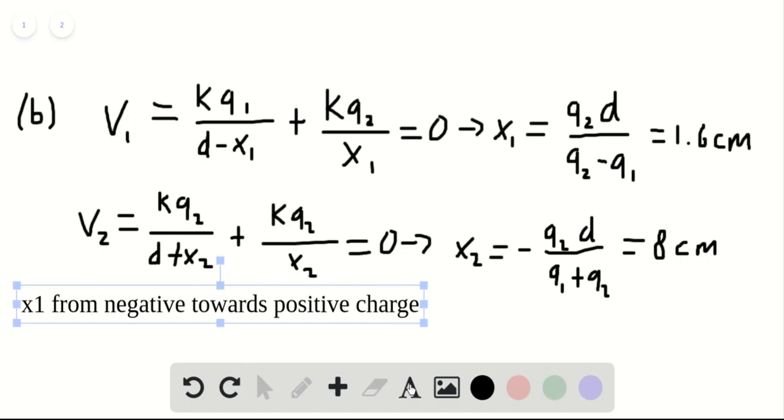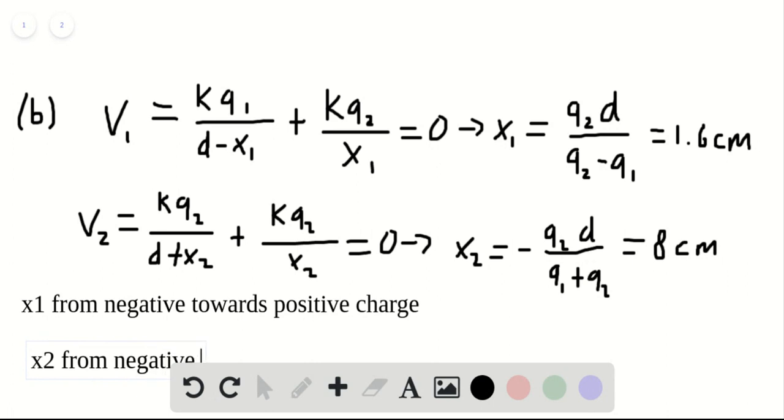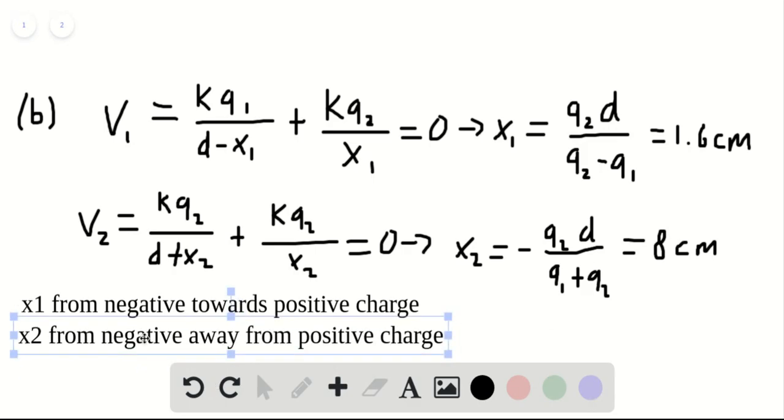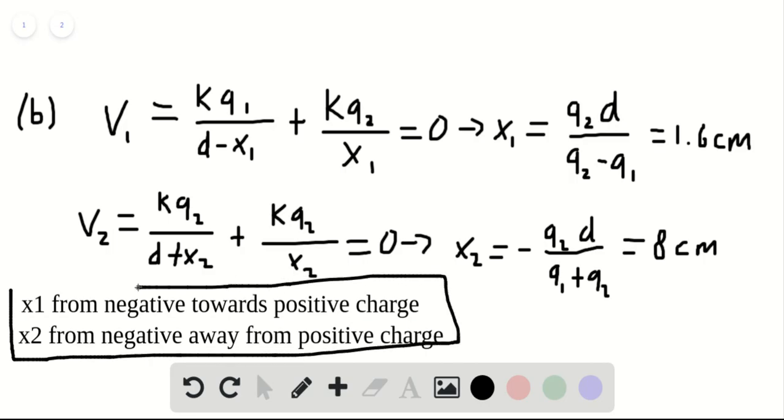Or the other one would be distance x2, which was 8 centimeters, from negative away from positive charge. Where, of course, x1 here is equal to 1.6 centimeters and x2 is equal to 8 centimeters. We can box that in as our solution for part B.